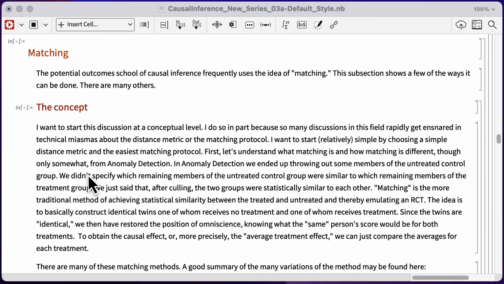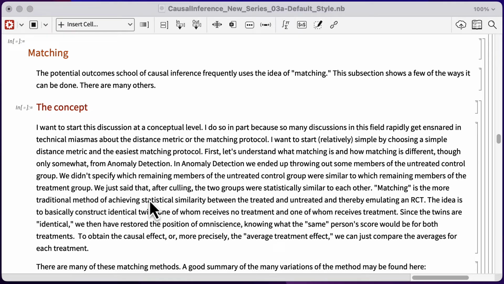Matching goes a little farther, and it emulates cloning, the sort of cloning I talked about in connection with a randomized controlled trial. The idea is to construct identical twins, one of whom receives no treatment and one of whom receives treatment. Since the twins are identical, we've gotten back to omniscience. I know what the same person's score would be for treatment and non-treatment, and so we can then look at the average treatment effect.